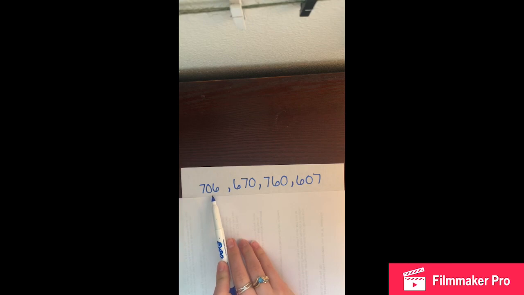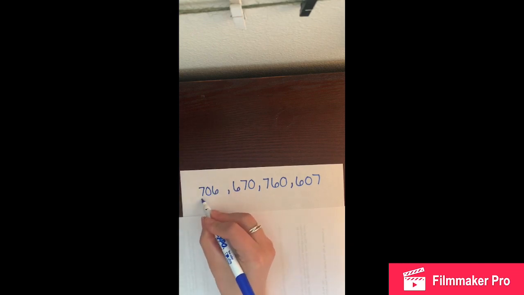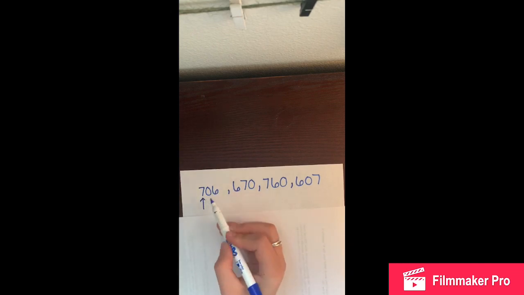Okay, can you tell me why you think this one is the largest? Okay, so Susan thinks that 706 is the largest number because the 7 right here is larger than the 6.